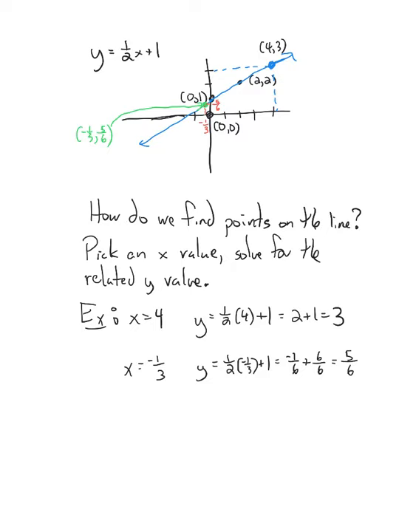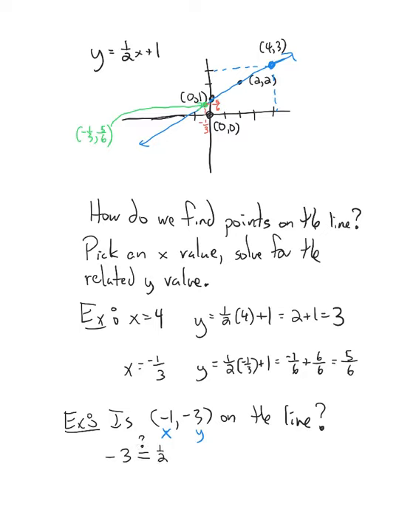Well, here's another question I can ask. Is the point negative 1, negative 3 on the line? Well, we have an x and a y value. Let's plug them into our equation and see if we get equality. So, does negative 3, which is our y value, equal a half times negative 1 plus 1?